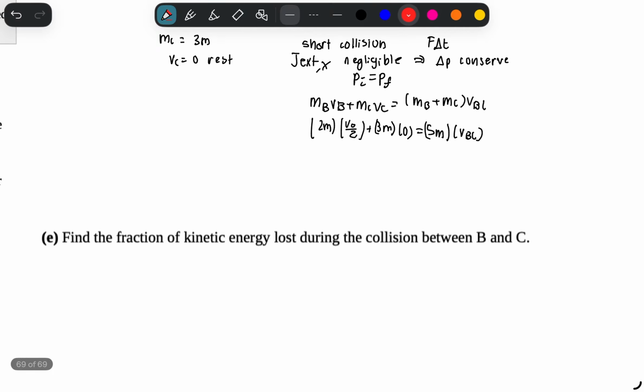Here we are going to have this cancels out, so we have V initial there, and we have 0 here. Then we have 5m VBC. So we're going to get VBC is equal to V initial over 5. So this is our answer.